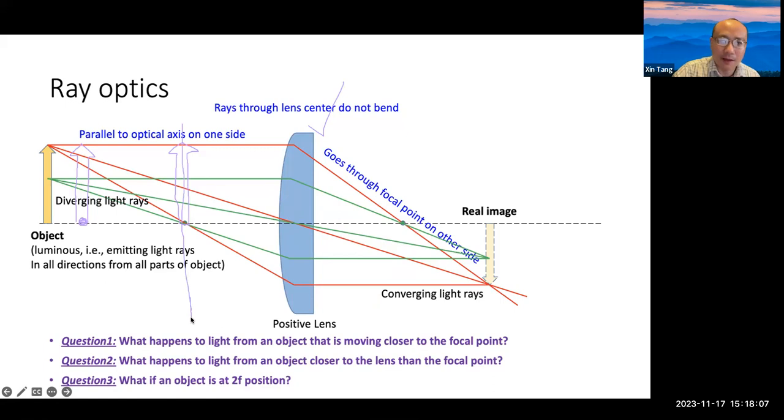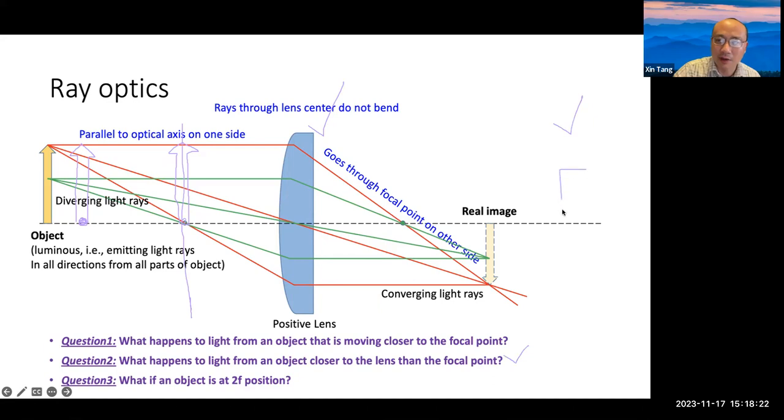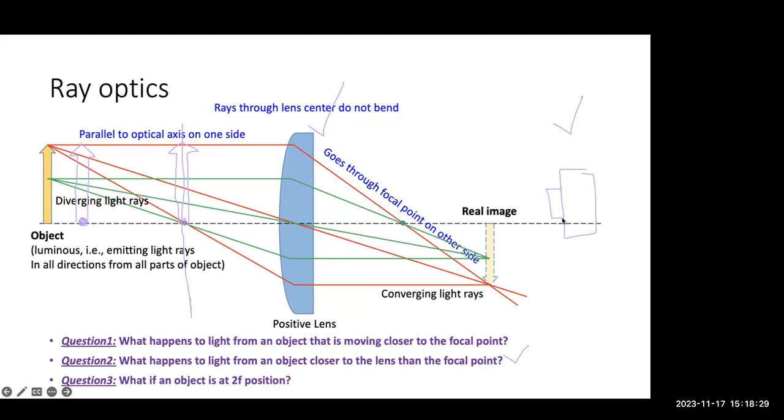If the cell is here, and as we said in question 2, there's no image formed, right? So in the real microscope, how can we get the image at the camera here? If we have a camera here, how can we get the image? By having more lenses behind it.